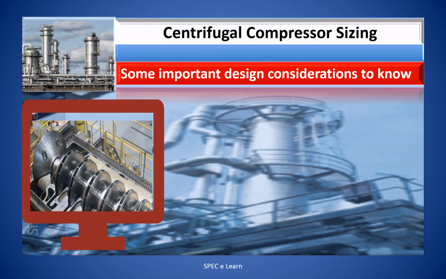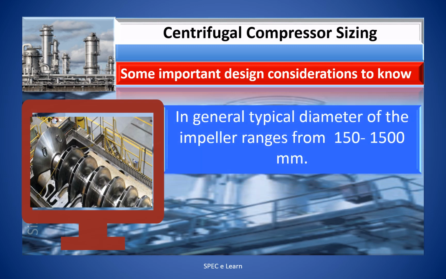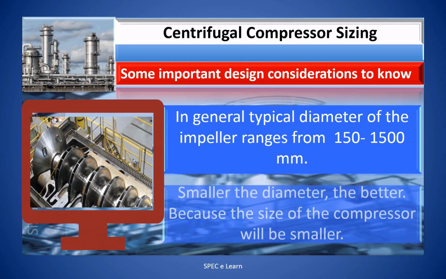Before we move further with the sizing related discussion, I would like to mention the impeller, though its design is within the purview of the compressor manufacturer. In general, the typical diameter of the impeller ranges from 150 to 1500 mm.